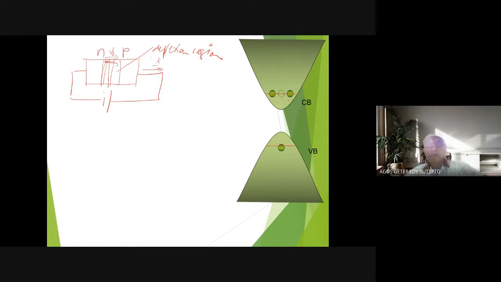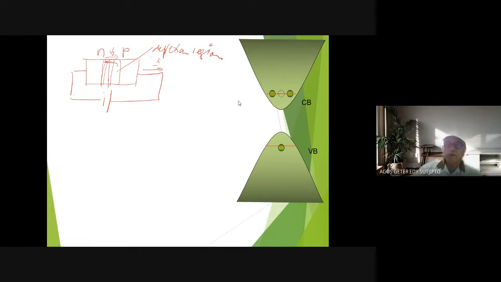Actually, in this case there is a changing of the state, from the higher state to the lower state, changing the energy of the electron from the higher to the lower. Of course, there will be a change in the energy involved.